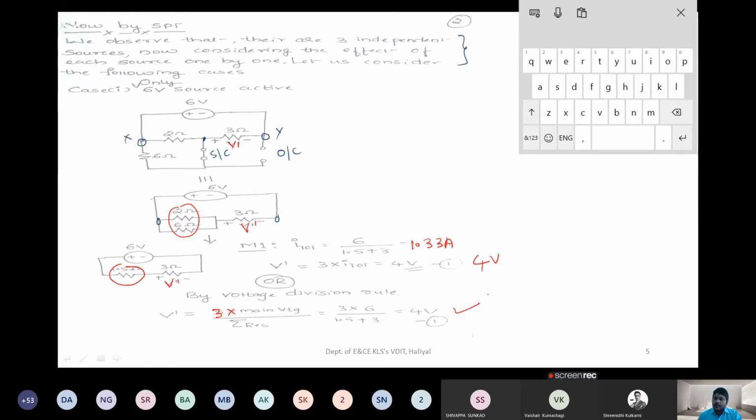If you do this, again you will get 4 volts. If you want to use any other method, you cannot apply source transformation now. Why? Because even though it is possible, but I am telling you the tricks here also. So please make a note of these things.